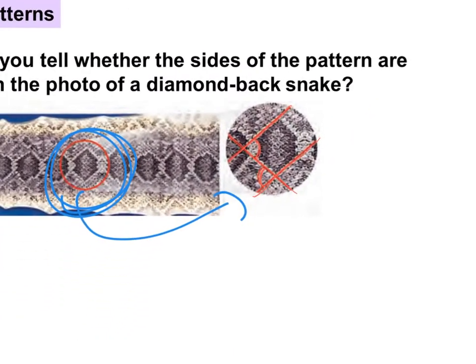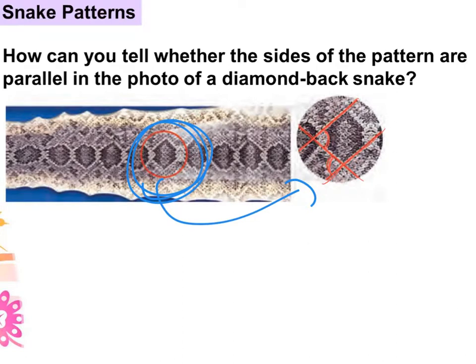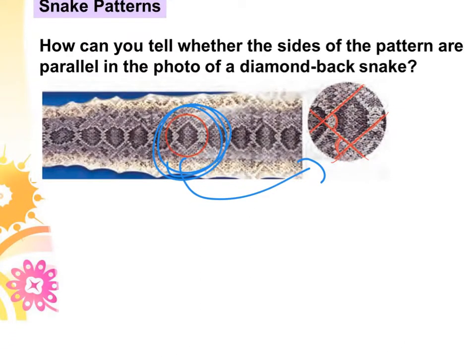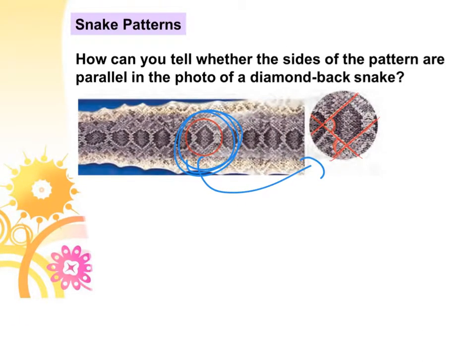Okay, what do we know about alternate interior angles? If I have a pair of congruent alternate interior angles, then I could prove that the lines are parallel by the alternate interior angles converse. So I can tell that, yes, they are parallel.